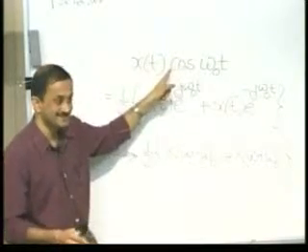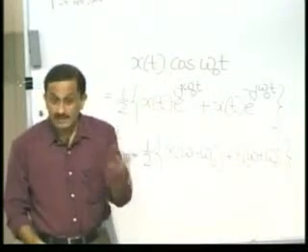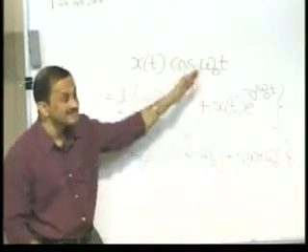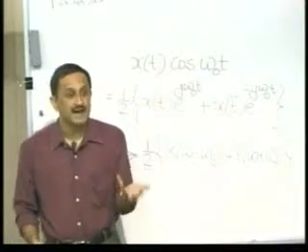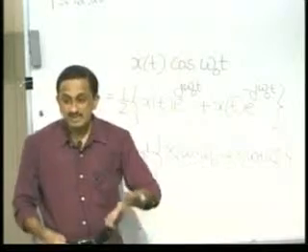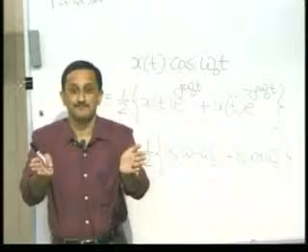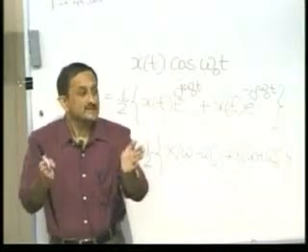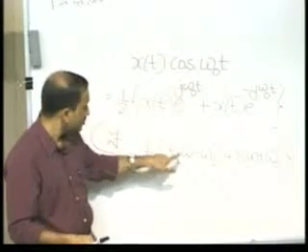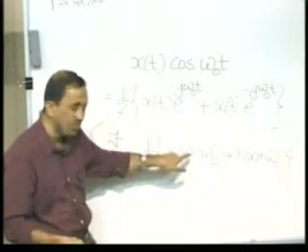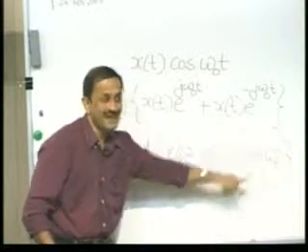By doing this. Now, why would you do this as opposed to multiplying by e raised to the power j omega naught t? As I said, it would be nice if you could, but physically, multiplying by e raised to the power j omega naught t means multiplying by a complex number, which means actually multiplying by two real numbers. So you're using two channels instead of one. Here, by multiplication by a real number, you're shifting the spectrum forward by omega naught as also backward by omega naught, and you're adding them together.